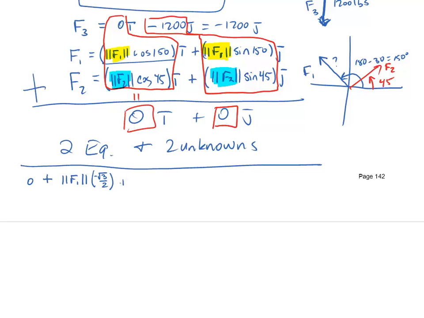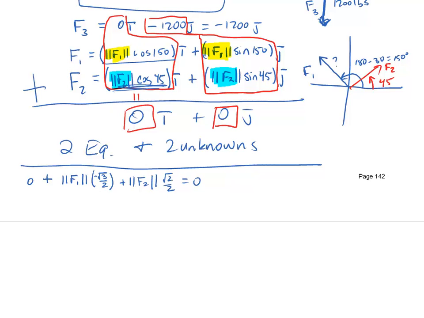And then plus F2 times, from right here, cosine of 45, which would be square root of 2 over 2. That has to equal 0. So that's my first equation.